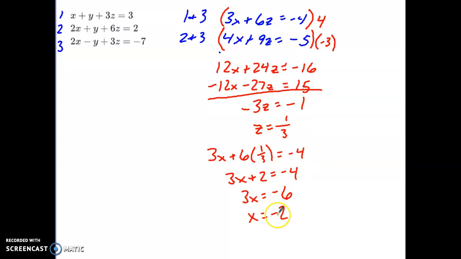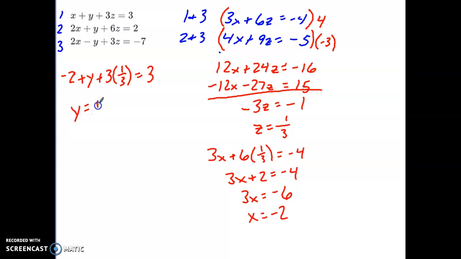Take both of those answers, plug them back in to one of the first three. So x is -2 plus y plus 3z, and z was 1/3, equals 3. So I can add the 2 over.